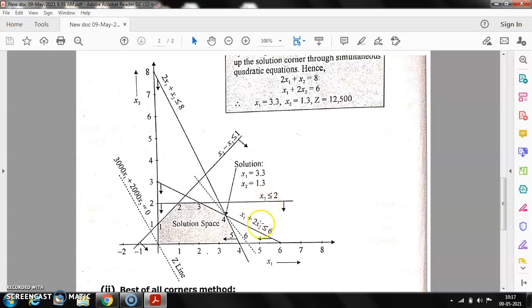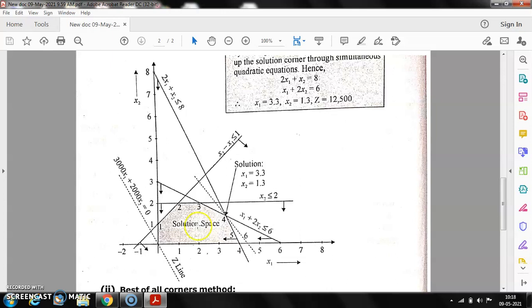Now combinedly, by considering all the 4 lines at a time, we will get only this much as the solution space, because whatever the area is there here, it satisfies all the equations at a time. If I consider this point, it satisfies all the 4 equations, right?